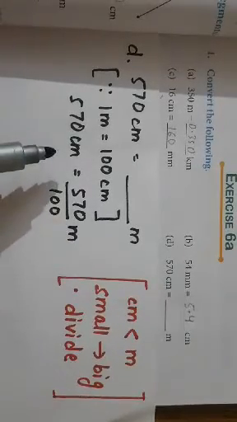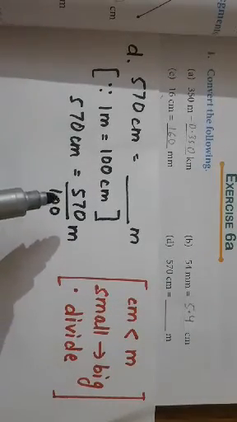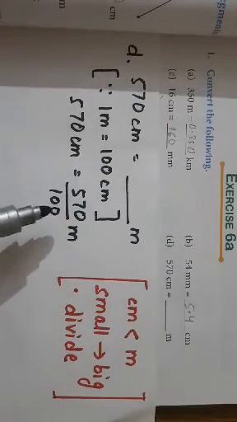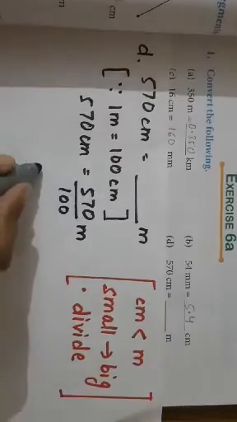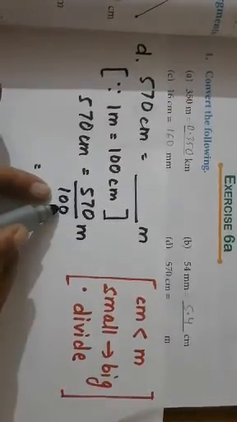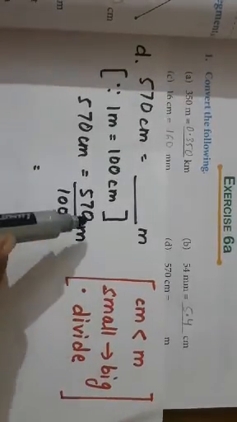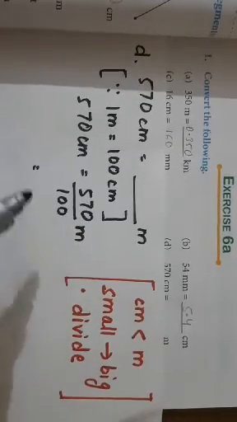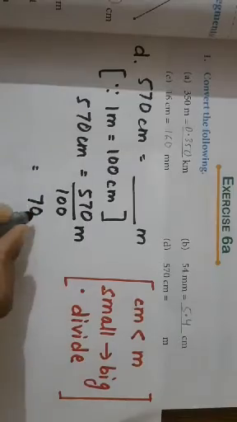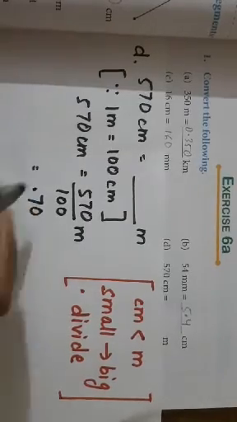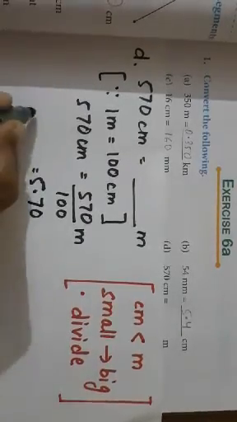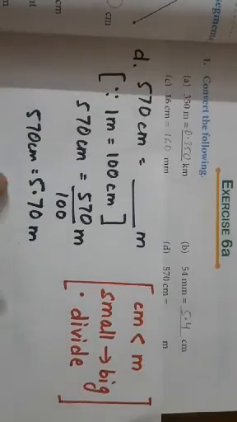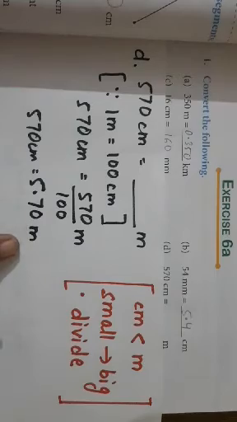We have converted the units. Now we have to convert this number into decimal. कितने number of zeros हैं? 1, 2. So just after 2 digits we'll put decimal. 1, 2, then we'll put decimal, then we'll write down 5. So 570 centimeter is equals to 5.70 meter.